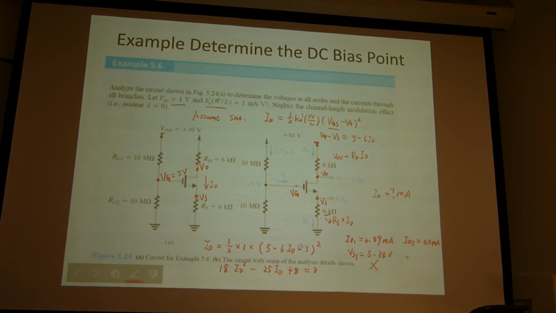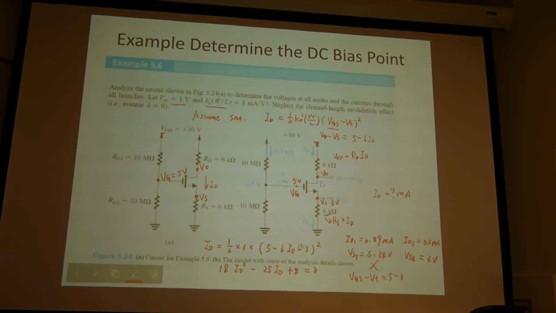So the second one, if you plug that in, you will get Vs2 of 3 volts. So here you will have 3 volts and 5 volts. You can verify your condition. So VGS minus VT will be this 5 volts minus 3 volts.